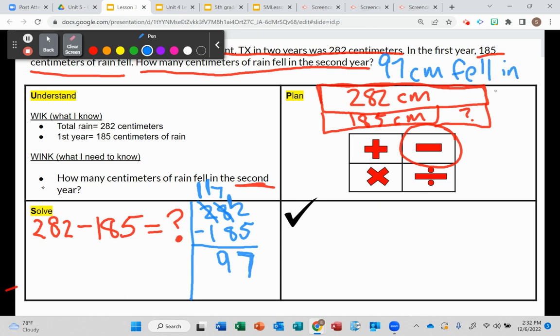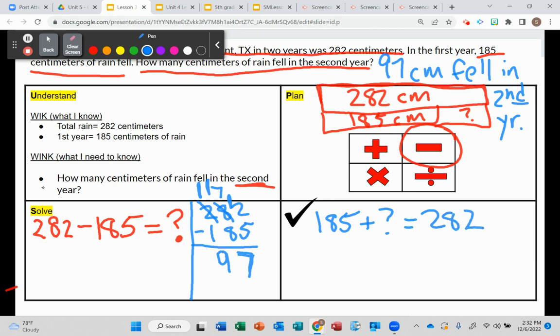in the second year. Okay, now that I have that, before I say that's my answer, let's go ahead and check my answer to make sure it's true. So what I do know is that I could subtract. I also know that if I take 185 plus this question mark, that is going to leave me with 282.